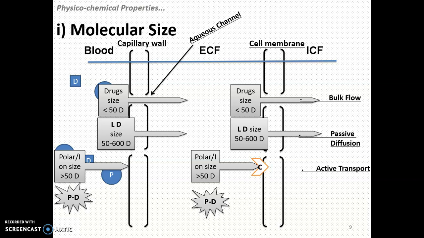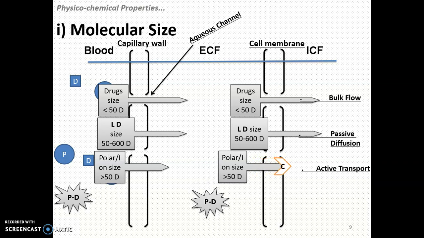Now we will talk about polar or ionized drugs which have a size greater than 50 Daltons. They can cross the capillary wall through active transport, but for transportation through the cell membrane they need a carrier, which is represented by the sign C in the presentation.